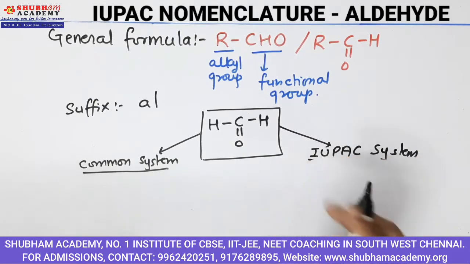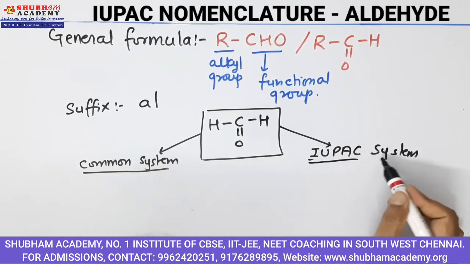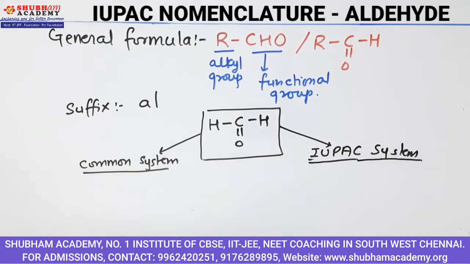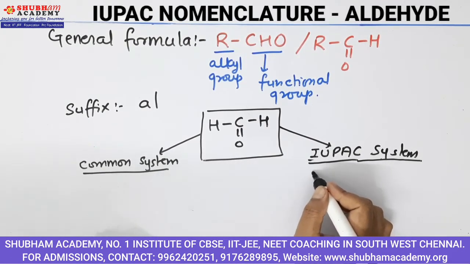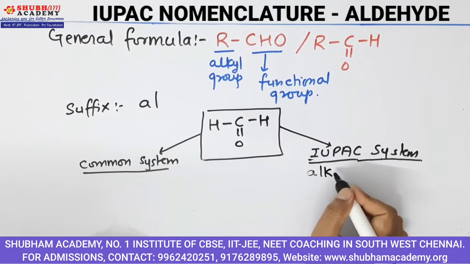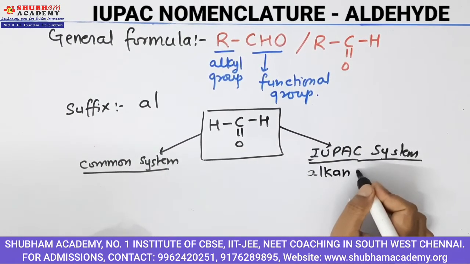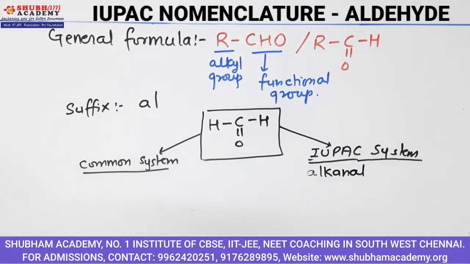In the IUPAC system, all the rules are the same as what we have been learning from the beginning, right? You have to select the number of carbon atoms. Here you have only one carbon atom in the parent chain. So in IUPAC we write aldehyde as alkanal, right?